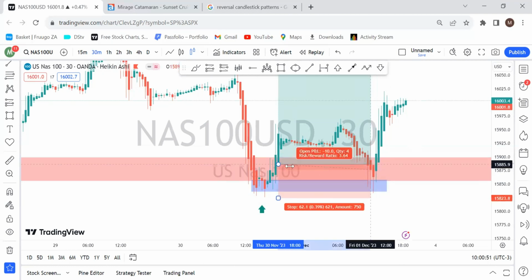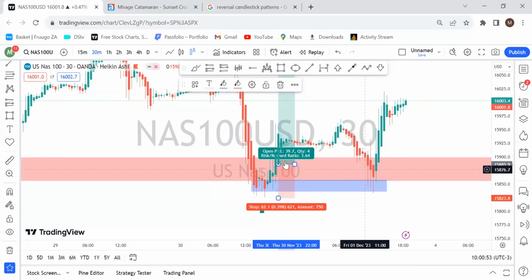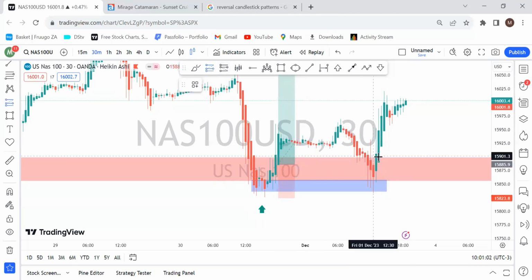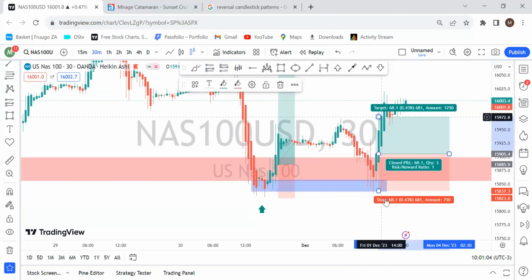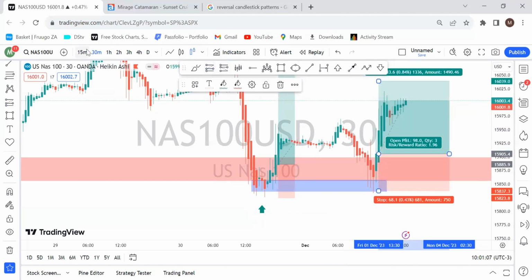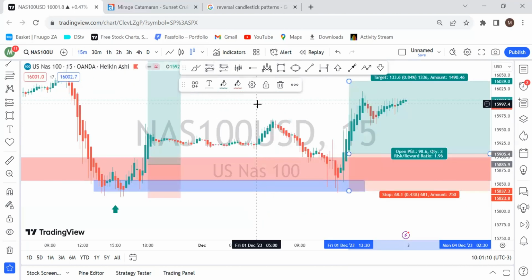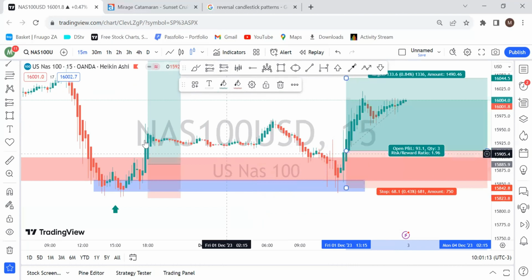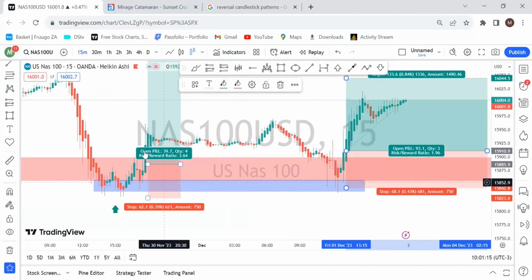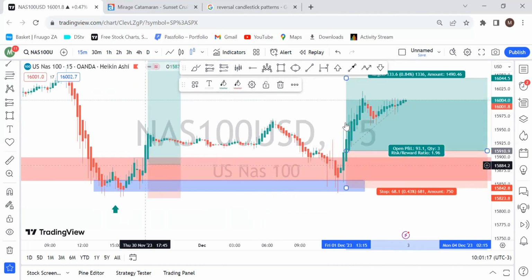So with this double bottom, what you could have done is you could have either held your first entry that you might have taken right here, or you would have entered again following the same rules at the second leg of the double bottom. So yeah, same rules comply. You can just copy and paste everything that I said about the entry points from here to here.